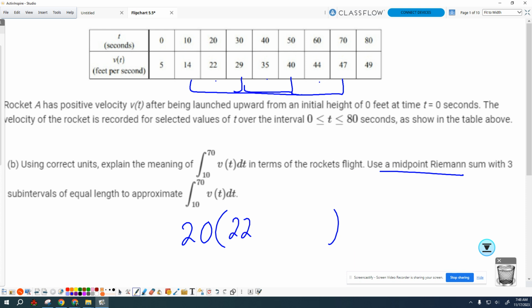So if I did 20 times 22, that's rectangle 1. And if I did 20 times 35, that's rectangle 2. And 20 times 44 is rectangle 3. So what does that come out to be? 2000.